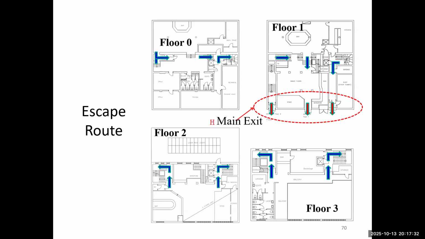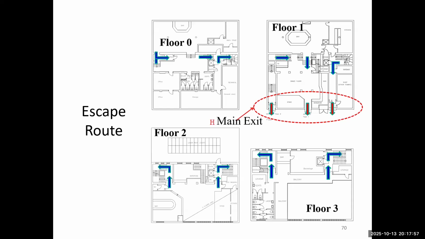We can see that the escape route for the basement, that is floor 0, is very simple, and also for floor 1. That means many occupants will be crowded at the main exit of floor 1.